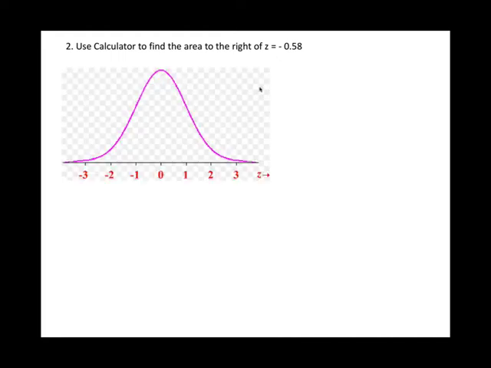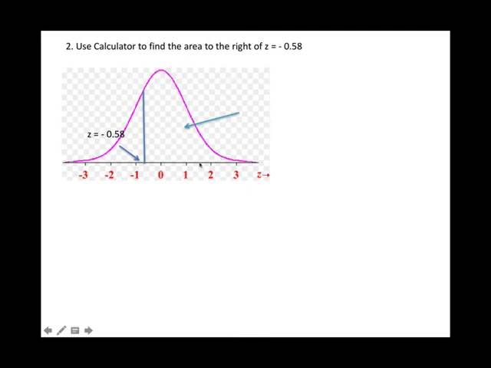Okay, number 2, use a calculator to find the area to the right. So this time I want to find the area to the right when the z-score is negative 0.58. So negative 0.58 is somewhere like here, and then we want to find the area to the right. So this is what we're looking for.